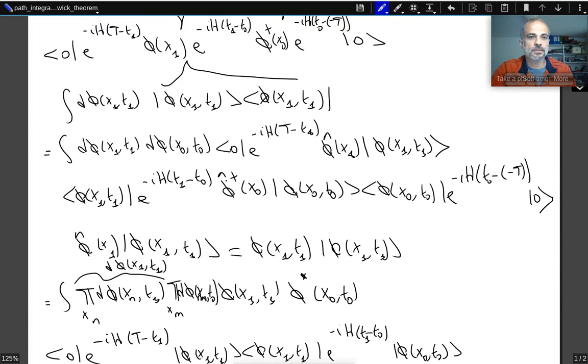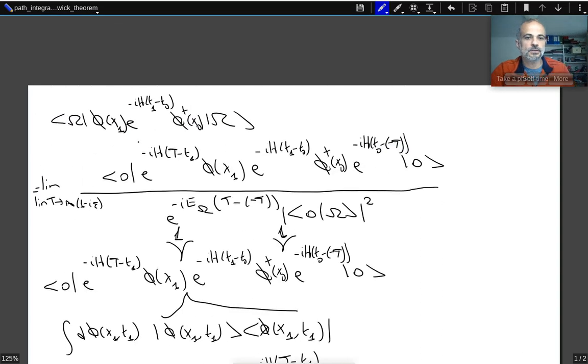Now, just to complete our derivation, note that here we also have the denominator. You can actually show that it's identical to the numerator with phi and phi daggers missing.